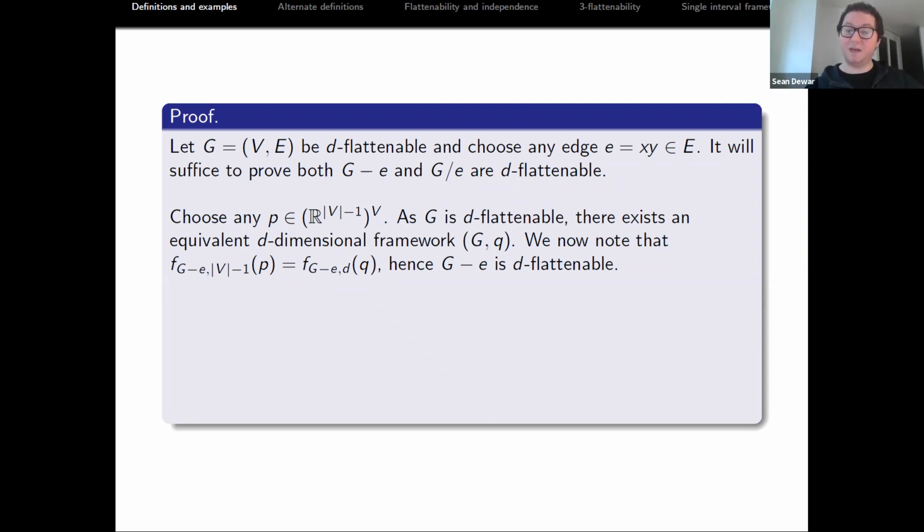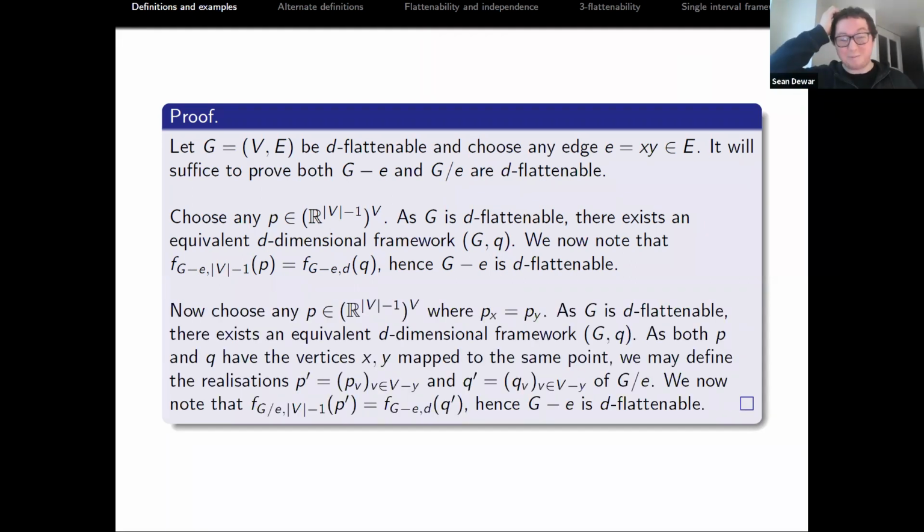Because the graph is deflattenable, we know that there is an equivalent framework GQ. And if it's equivalent with all the edges, including E, then just removing E is not going to stop the two frameworks being equivalent. They're still going to be the same framework. Okay? It's not complicated.